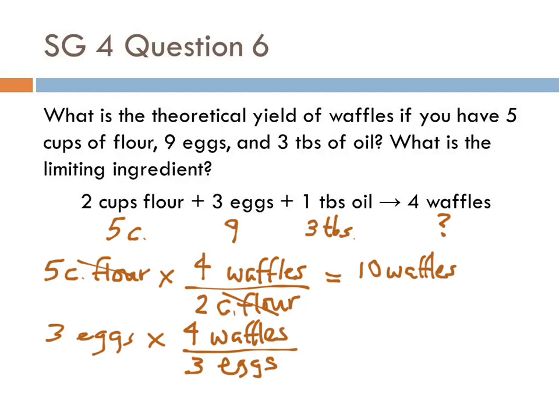Okay, what did I do wrong there? This isn't a 3, it's a 9. Call that a brain fart. Excuse me. We're starting, we have 9 eggs. We want to find out how many waffles can we make if we use up all the eggs. So eggs cancel out, and we end up with 12, right?